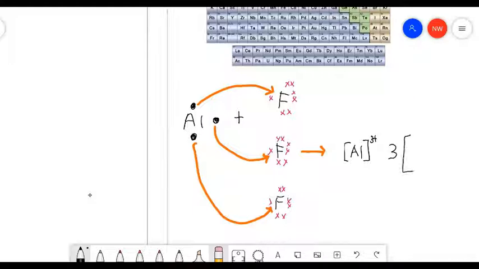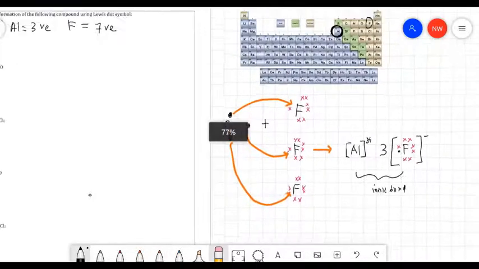So, 3F. 3 biji F menerima elektron daripada aluminium. So, 3 biji F yang bercharge negatif 1. So, this is the ionic bond formation antara aluminium dan juga fluorine. So, dekat sini akan ada ionic bond between them.